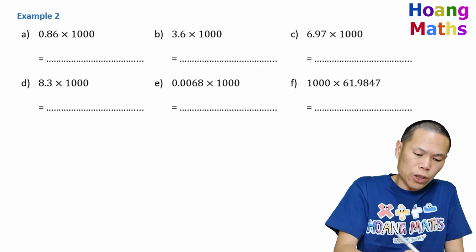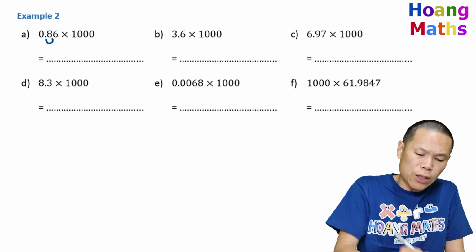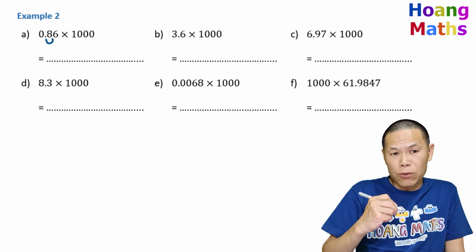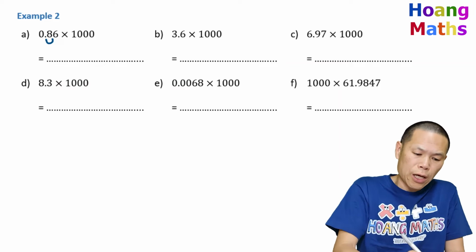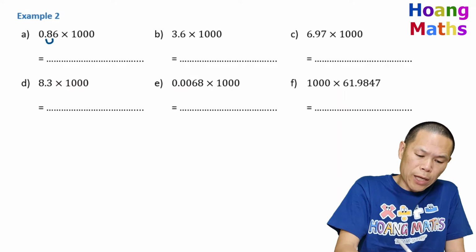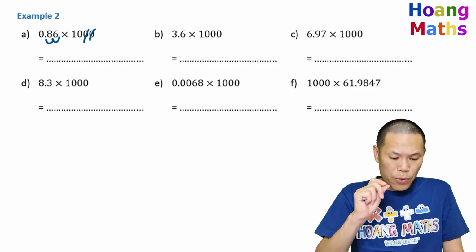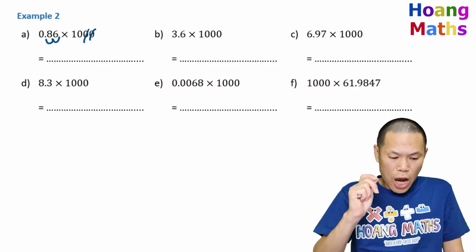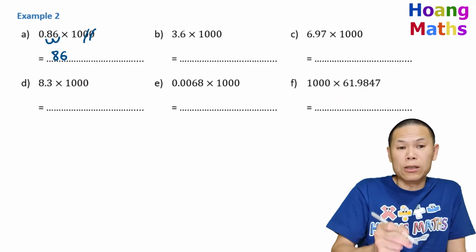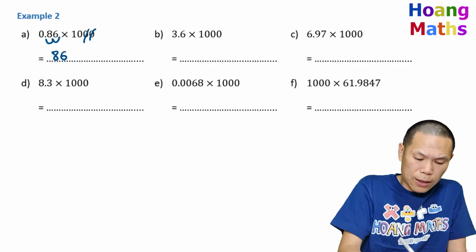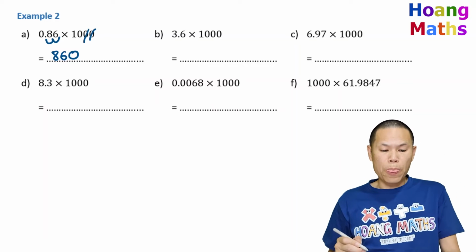If we move this decimal point, it becomes 8.6, so the number is getting bigger. We move 1, we cancel that. We move 1, we cancel that. That will give me 86 times 10, which is we just add a 0 at the end. So there you go.